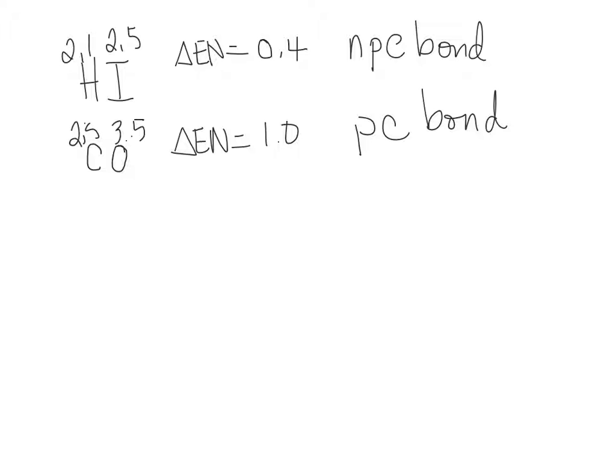So next part here, it says this is the type of bonding which results when one or more pairs of electrons are shared between atoms. So covalent bonding is the type of bonding which results when one or more pairs of electrons are shared between atoms. So for example, Cl2. Cl2 is the molecular formula.